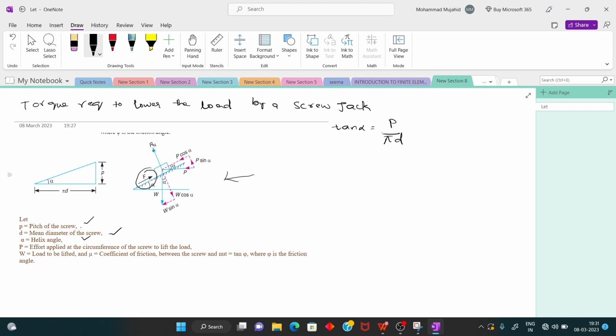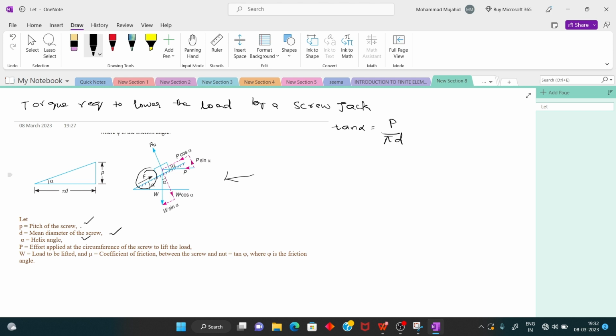The normal reaction is perpendicular to the inclined plane. Alpha is the helix angle, and the load P is inclined at alpha. It will be resolved as P cos alpha and P sin alpha, and in the same way W will be resolved as W cos alpha and W sin alpha.